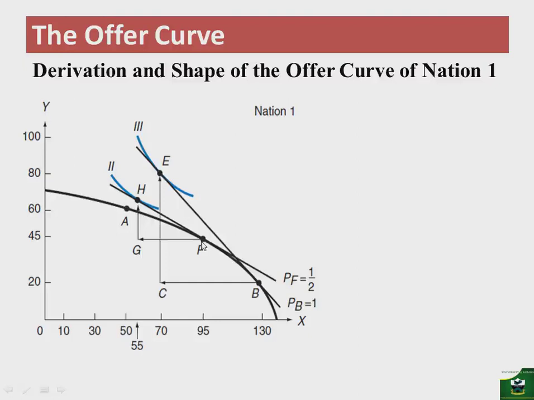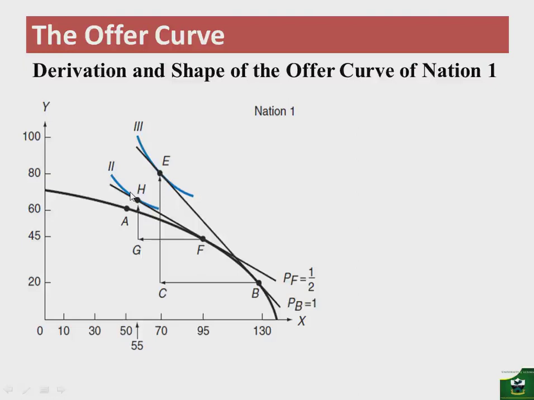At this point, if Nation 1 decides to trade, it will export 40 units of X and import 20 units of Y. By so doing, Nation 1 will consume at point H, which is on a lower indifference curve, because Nation 1 still has the capacity to expand production and therefore export more and import more, and so it will be able to consume on a higher indifference curve.